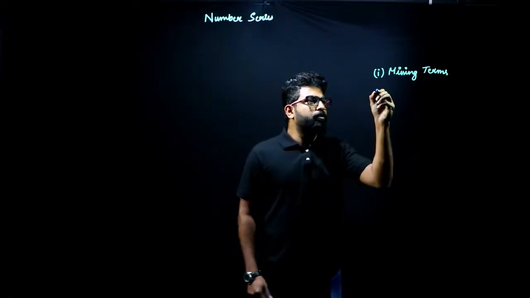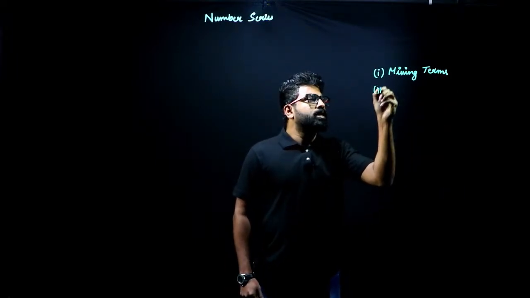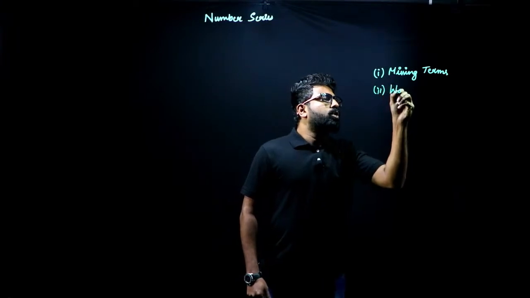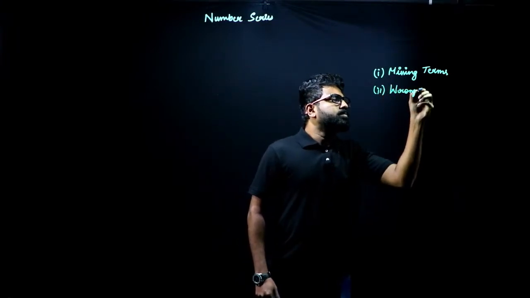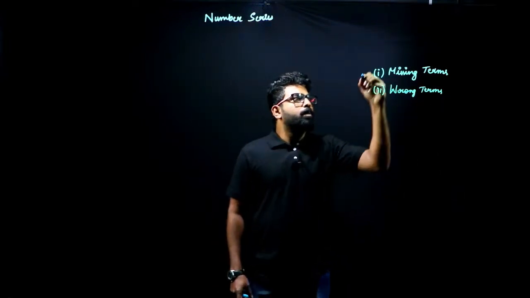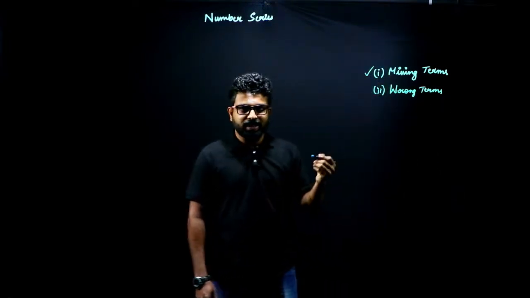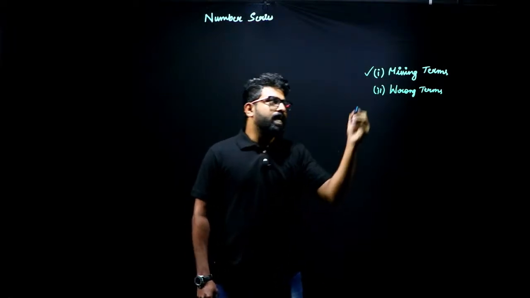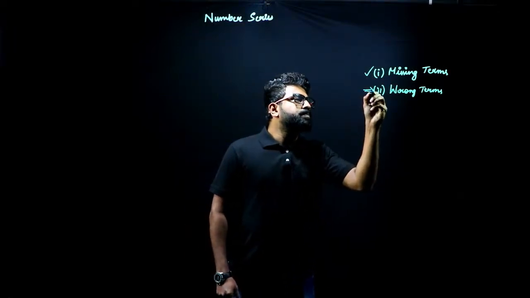And what is the second type of questions that was asked? It was wrong terms. We dealt with missing terms completely in our previous session, and in today's session, we'll be dealing with wrong terms.